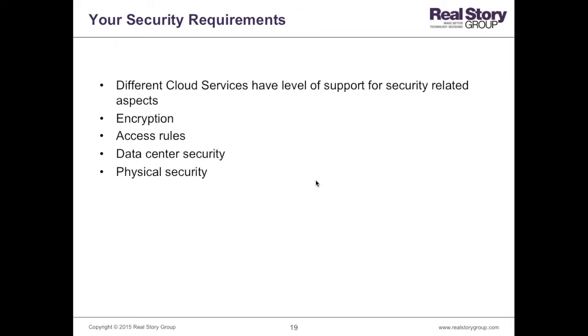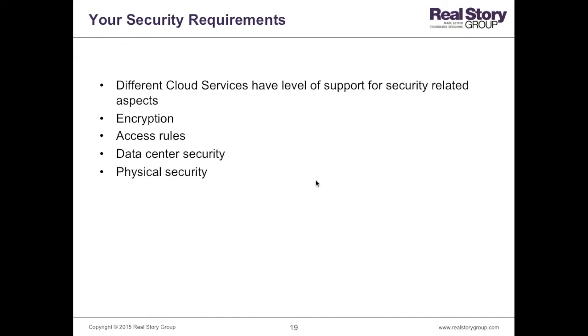However, not all vendors encrypt content or files when the file is actually at one of the endpoints. So after the file has been downloaded to your desktop, mobile or tablet devices, it may not be encrypted, right? So understand what all levels of encryption are supported by the vendor.